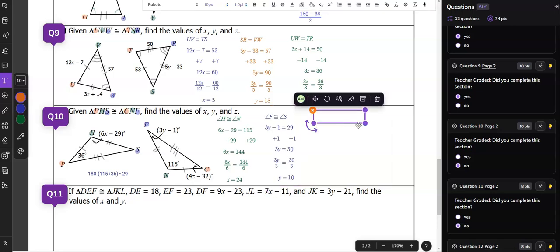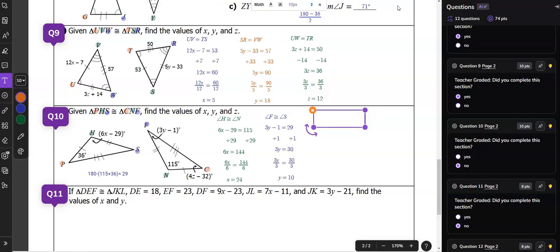All right, now we're going to finally solve for z. And that's going to be angle C with angle P. So angle C is congruent to angle P, which means I can take 4z minus 32 and set that equal to 36.